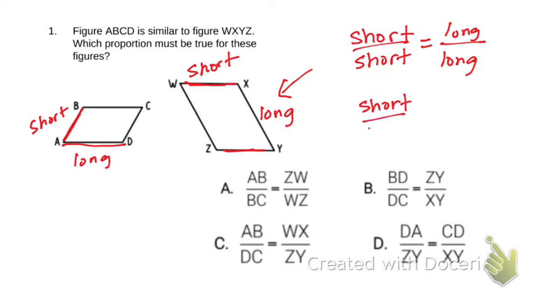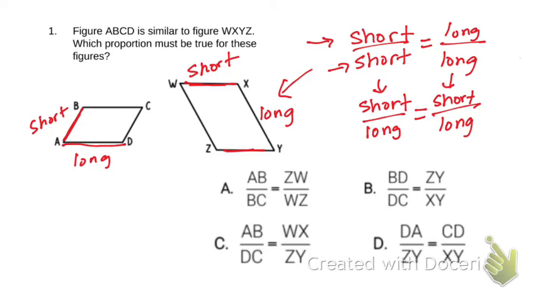So we might compare the short side to the long side on the small parallelogram, and then the short one to the long side over here. Either of these would work as long as, looking across at different shapes, each shape has its own column, okay?